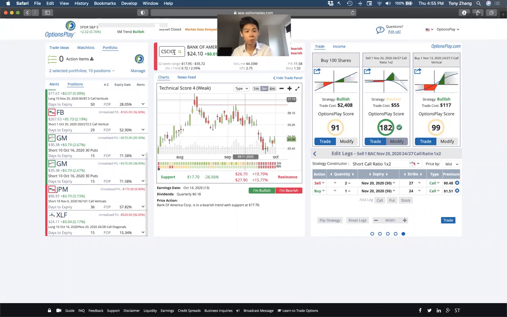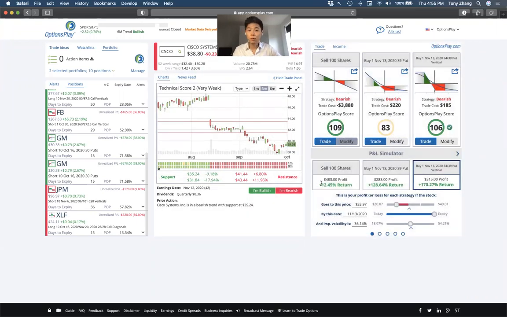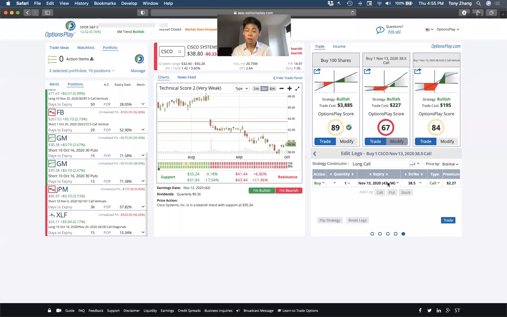Cisco at 40. Isn't Cisco trading above 40? Oh, it's trading at 38. Okay, so this is an example of one where I don't think you've had enough losses to warrant putting on a repair trade. You can have a trade that's gone too far where you can't put on a repair trade, but there's also a trade that just hasn't gone far enough to even warrant one.